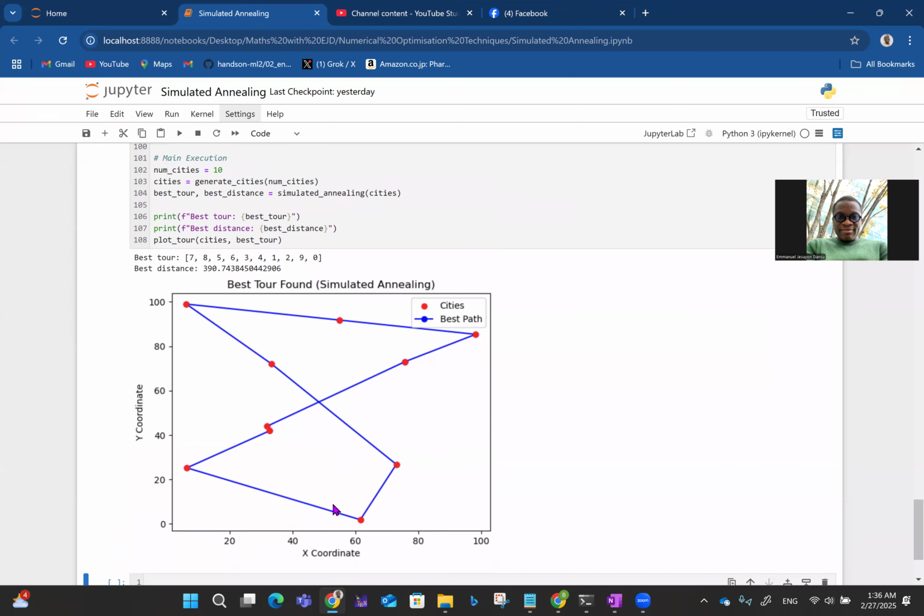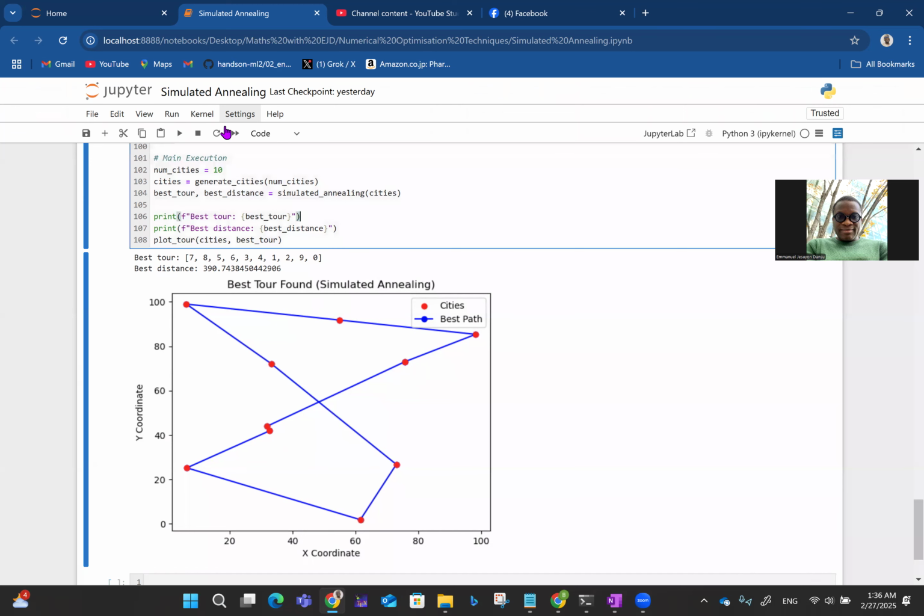So I think this is 7, 8, 5, 6, 3, 4, 1, 2, 9, and then back to 0. That's what it looks like to me. So we can do better to label the cities so we can see exactly how the path goes.